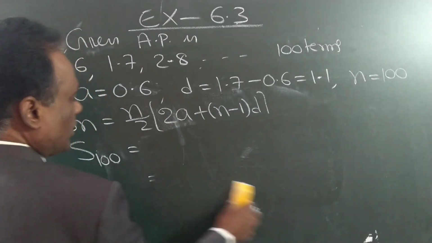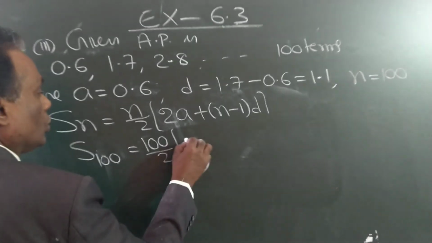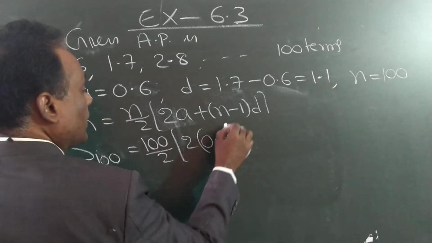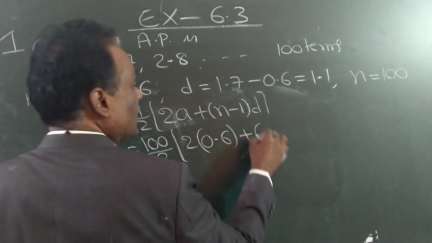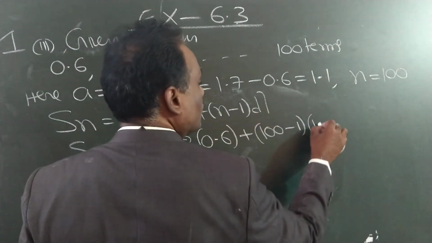Substitute in the same formula. N is 100, so 100 by 2, bracket, 2 into the A value 0.6, plus n minus 1, that is 100 minus 1, into D, which is 1.1.